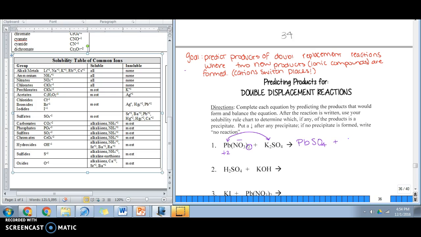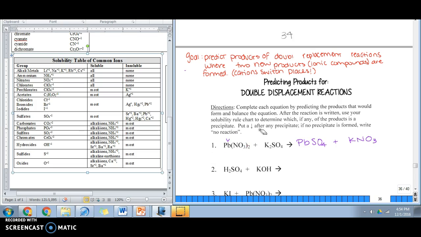Then we are going to write the chemical formula for when K, potassium, is bonded to nitrate. Potassium has a positive 1 charge, nitrate has a negative 1, so only one of each is necessary. Commonly, people will take the subscript here and just stick it over here as well, but that is not the correct way to approach this problem.